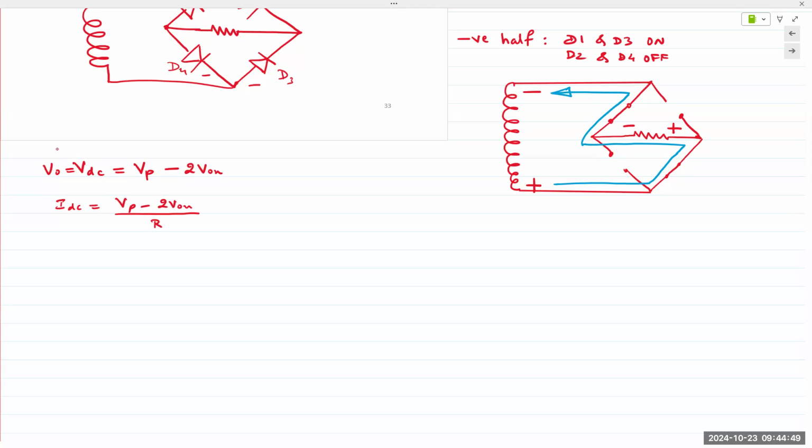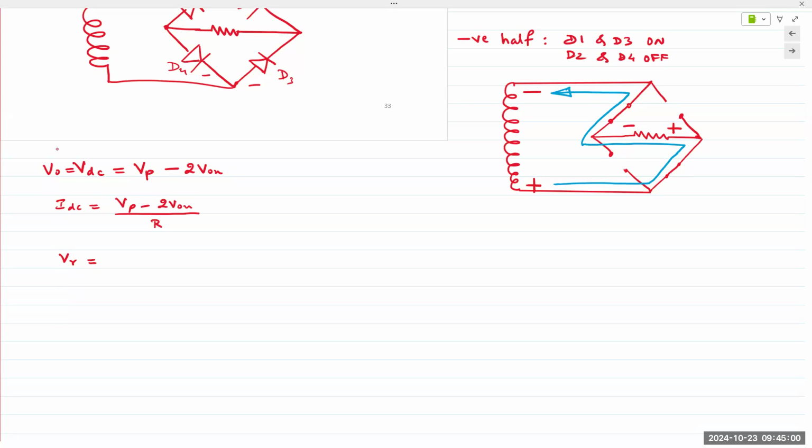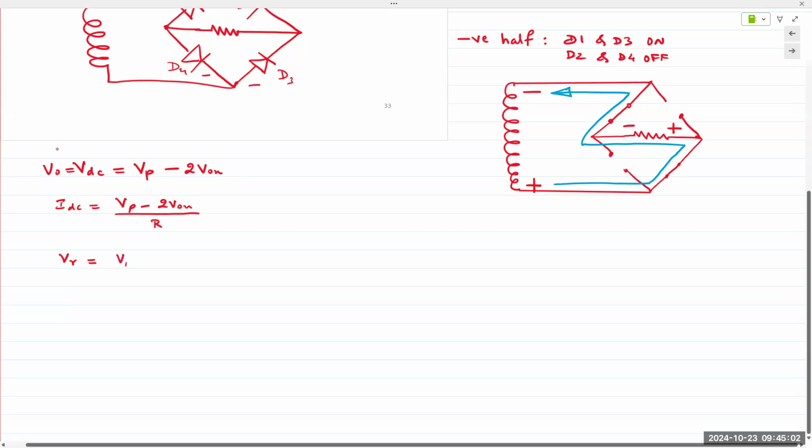And then ripple voltage, very similar expression, except now because the frequency is doubled, everything is doubled, so we add a 2 in the equation. So it's Vp minus 2V on divided by R times the time period divided by 2C.